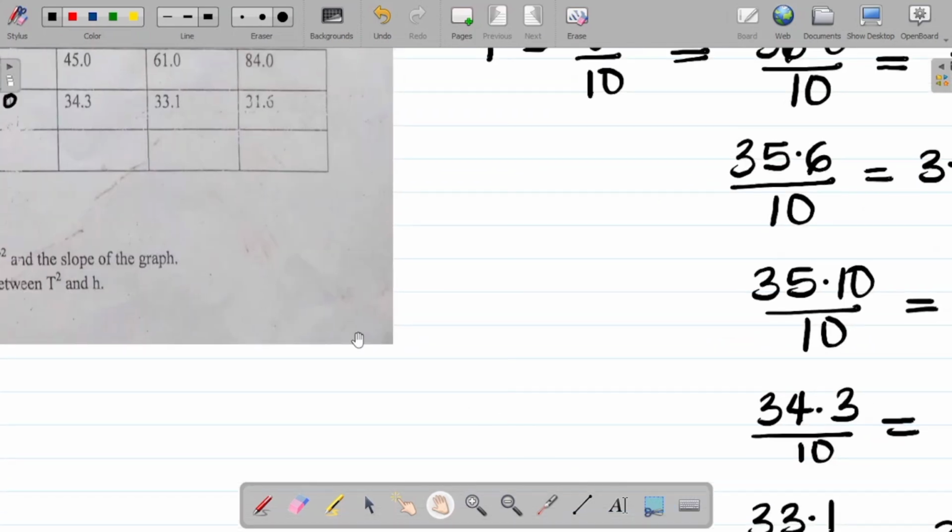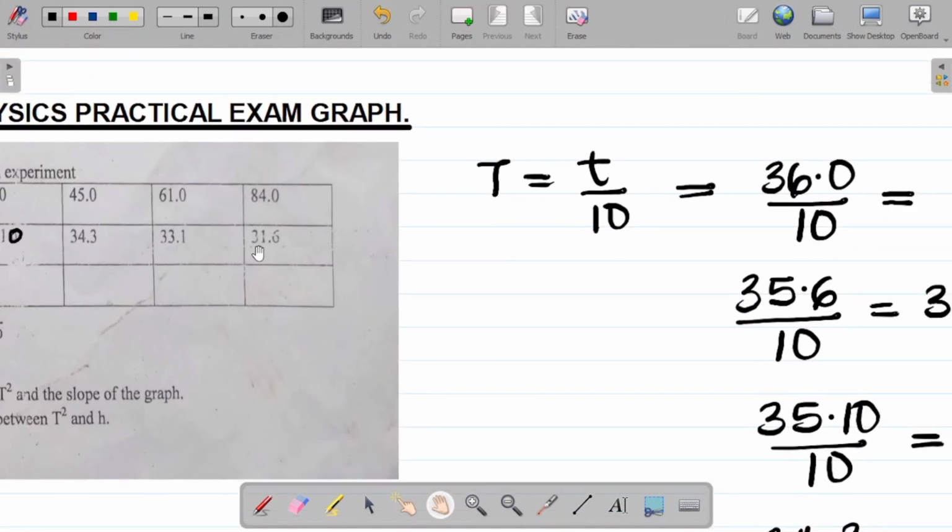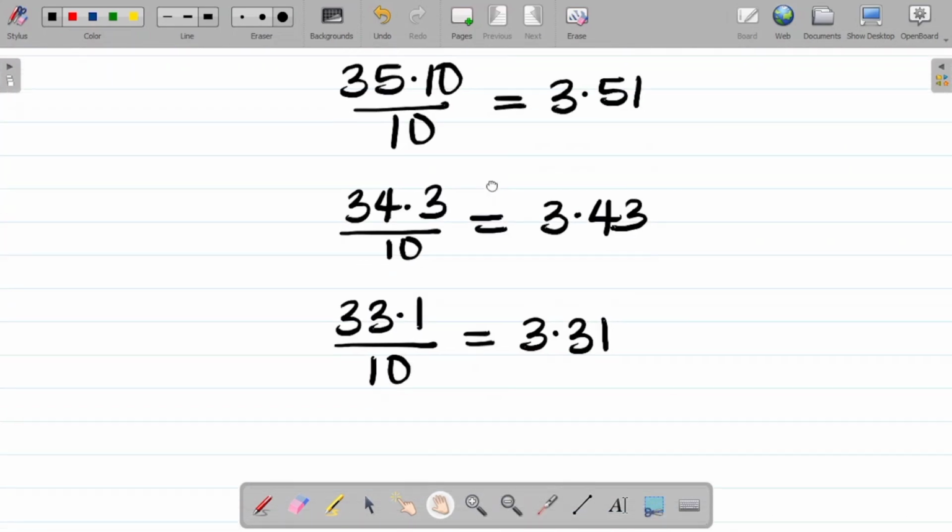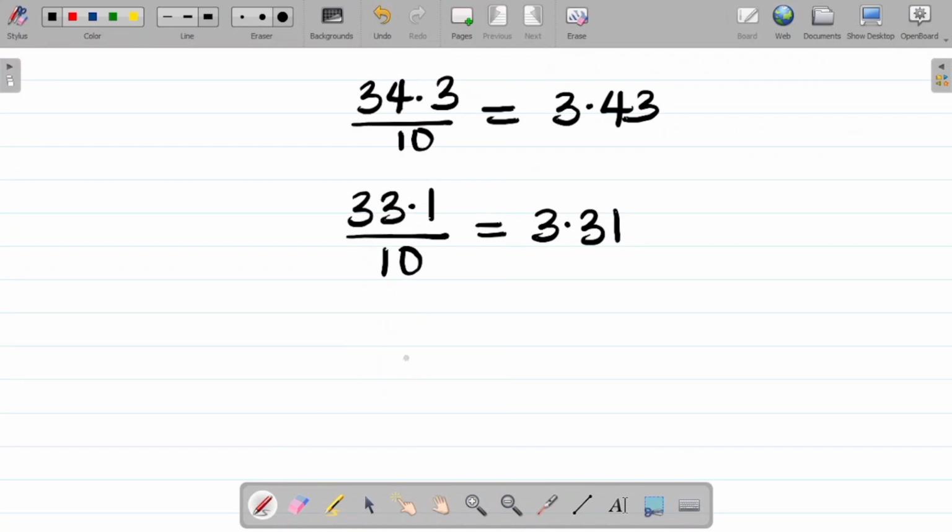And then finally I have 31.6 divided by 10, and that gives you 3.16. So I've gotten the value of T for each of them.